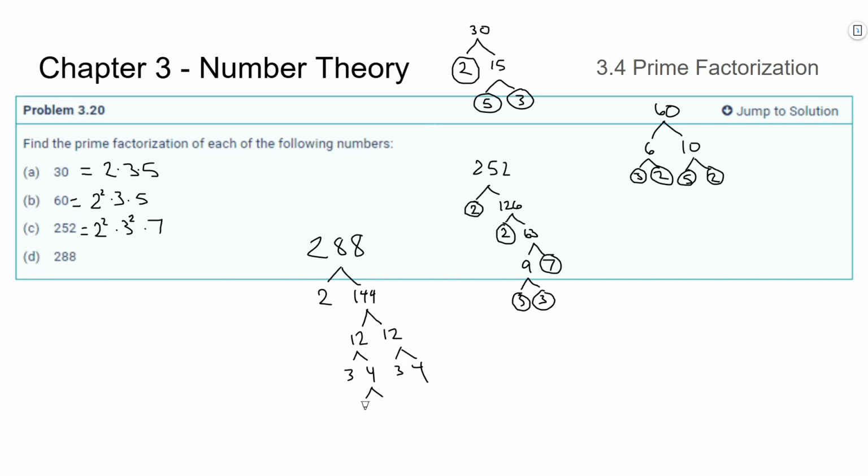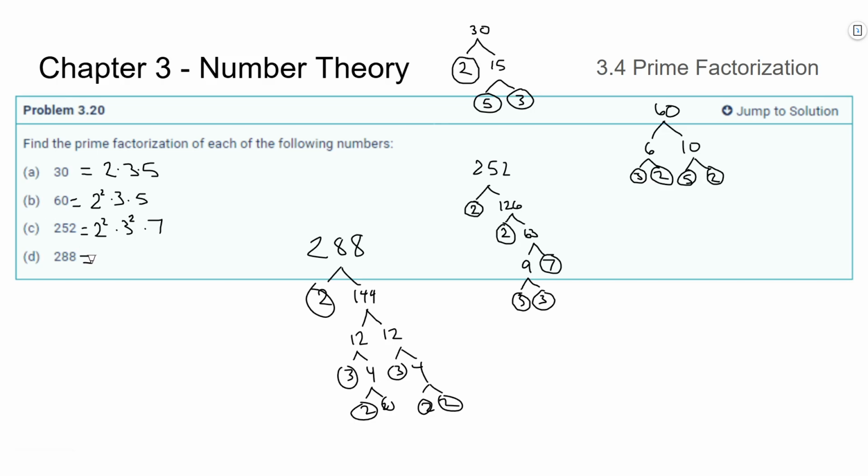And 4 is, of course, 2 times 2. All right, so prime, prime, prime, prime, prime, prime, and prime. I think we got everything here, all of our branches. We didn't leave anything. All right, looks good.